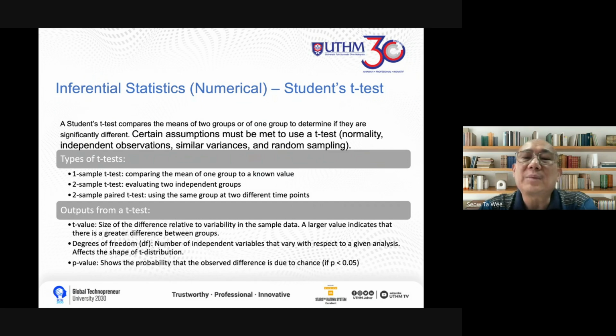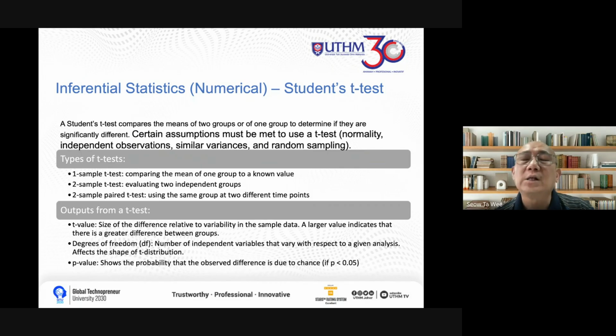Certain assumptions must be met to use the t-test. Normally, we run a normality test. For the scholars here, I have to mention two things, based on scholarly practice. Some people say you have to run the normality test, then decide to use non-normality tests for the t-test and ANOVA.